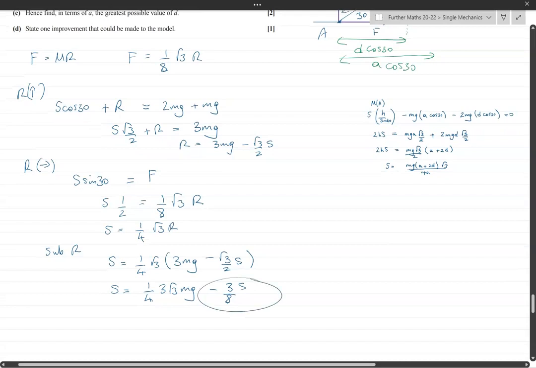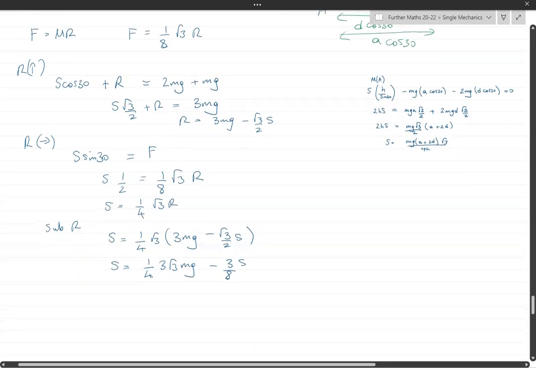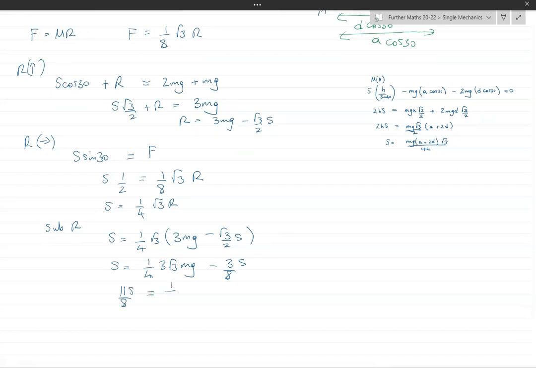Taking this over to the other side, I'm going to get 11S over 8 is equal to 1/4 the square root of 3mg. Okay, and therefore I'm going to get S is equal to 6 over 11 square root of 3mg.